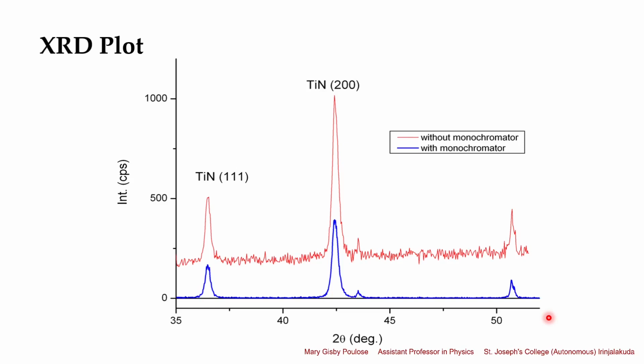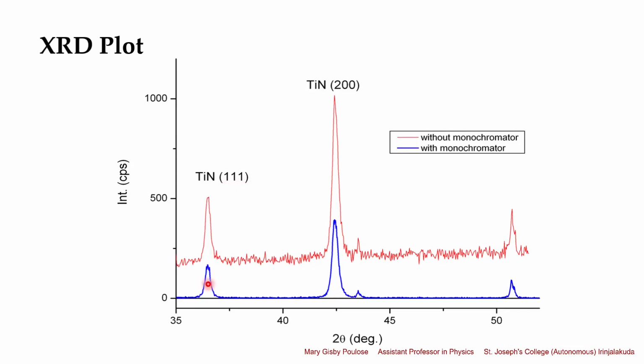So we can have different conditions while taking an XRD plot, but it is always measuring the intensity of the X-rays versus 2 theta angle, and in that we will get a series of peaks. By the location of these peaks we can understand from which planes these diffracted X-rays are obtained. We can identify the Miller indices of those peaks.